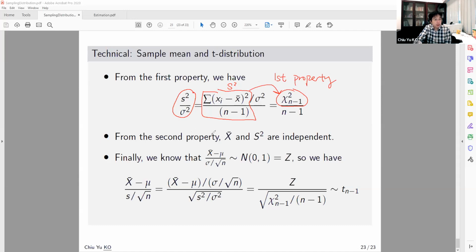And the second property is that these two are independent. Then we already know that, by the central limit theorem or the property of the normal, the standardized x bar will be a standard normal. Now the trick is here. Look carefully, this is the trick.